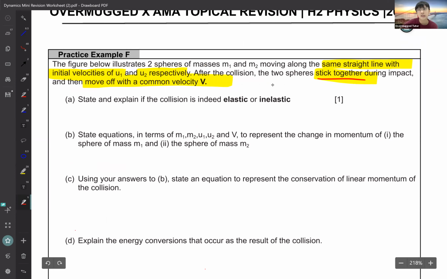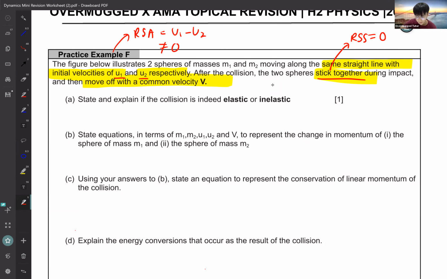part, stick together. When two objects stick together, they have the same velocity as they leave. So straight away, you should write out that the relative speed of separation is 0. They don't separate, they are sticking together. That's why there's no relative speed of separation. On the other hand, they had different initial velocities. So that means the RSA should be u1 minus u2, which is non-zero.